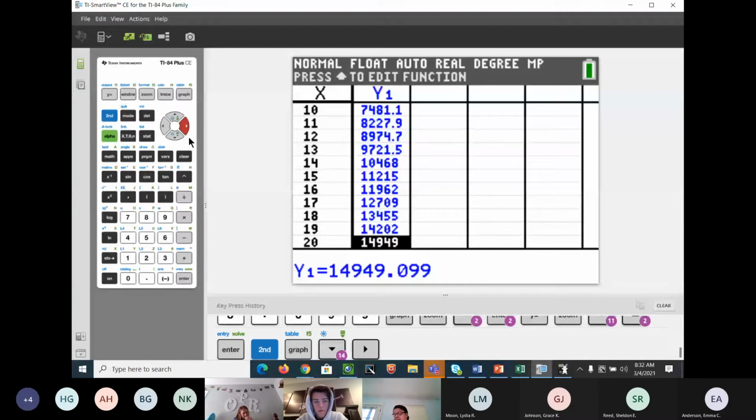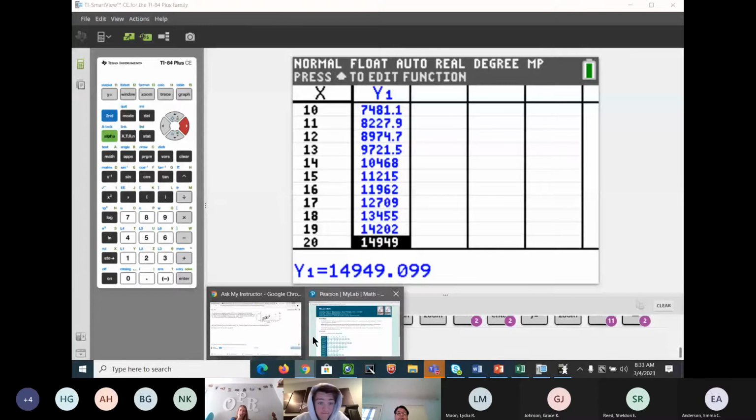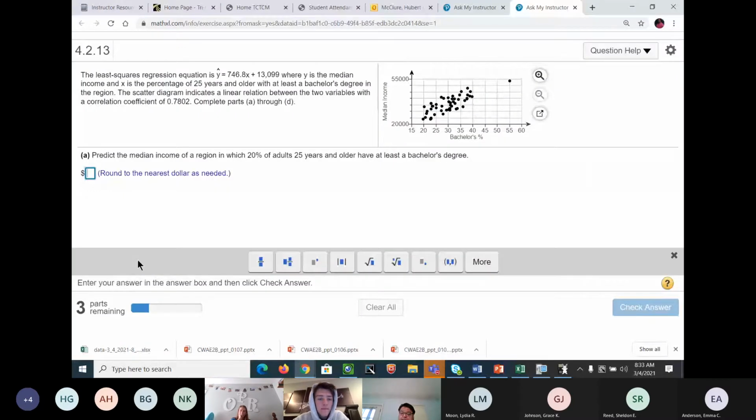So if you got 20% of people with a bachelor's degree or more, then you got a median income of about $15,000. Let's write that down. And let's see what they say on the question. Round to the nearest dollar. So that should be 14,949 or 14,950.